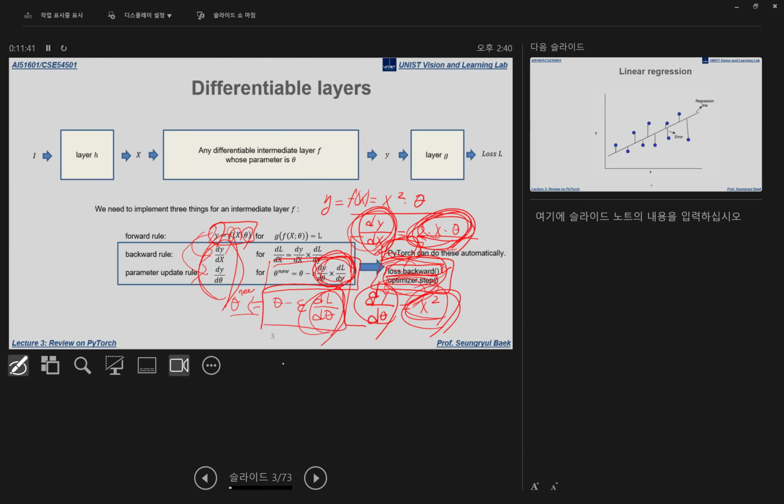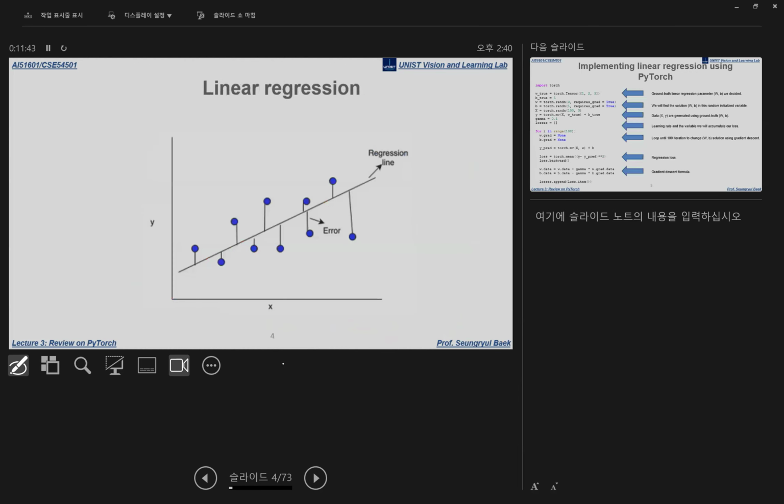You have to remember that. I will now show you the simplest form of machine learning algorithm, which is the linear regression algorithm, using PyTorch. I will start from that, and eventually we will implement the CNN architecture using PyTorch.